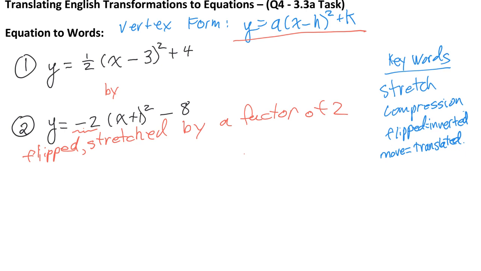Now, the 1 inside our bracket is the opposite. So we're going to say that it moves left, because it's -1, left 1 unit, or you could say just 1. That's fine. And the -8 means it moves down how much? 8. So all we have to do is practice this stuff.